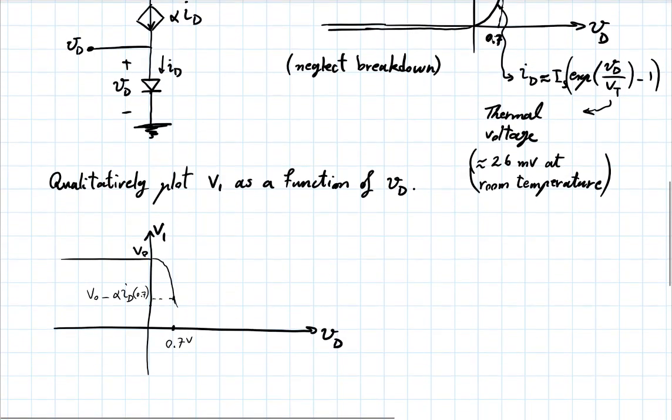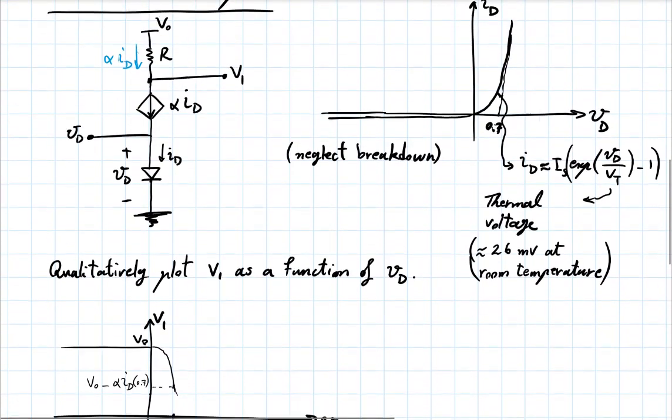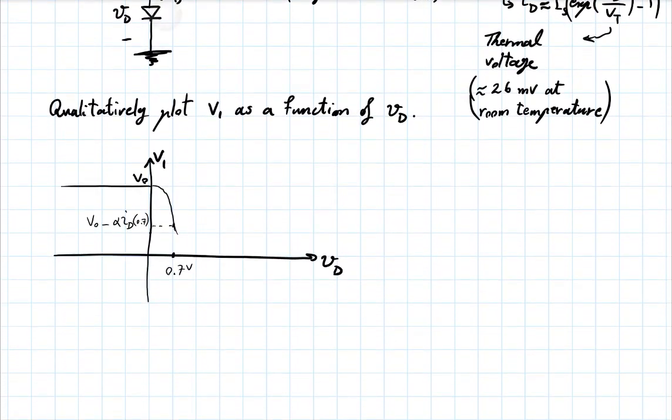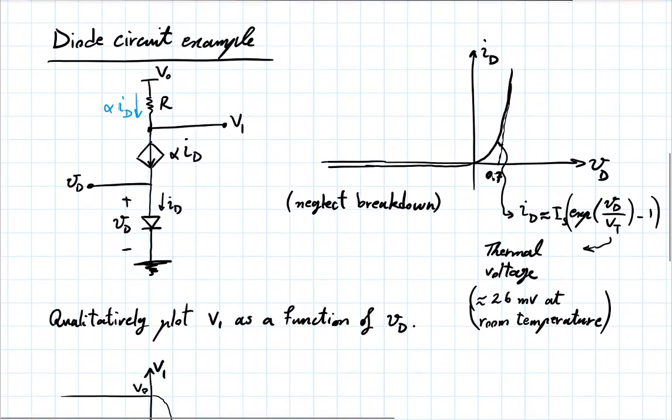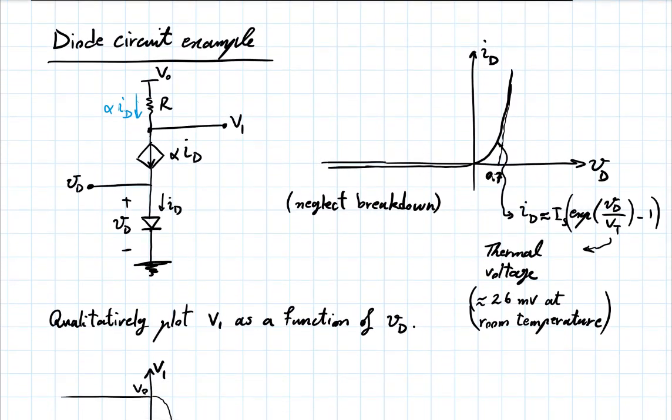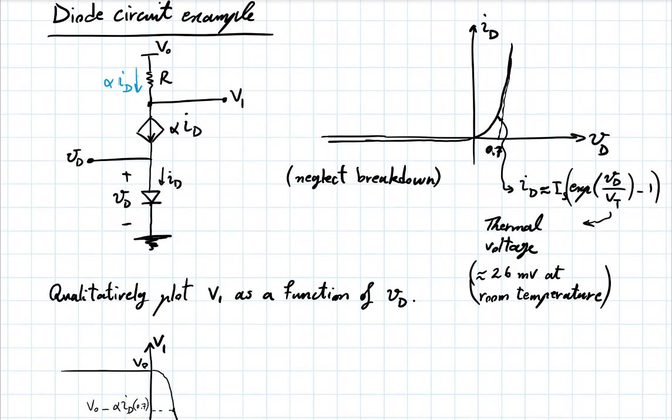And eventually, what happens? Does this keep going down? Or up to what point does it go down? Let's imagine I keep increasing VD.